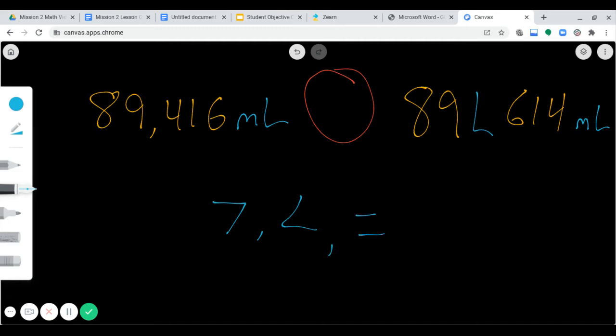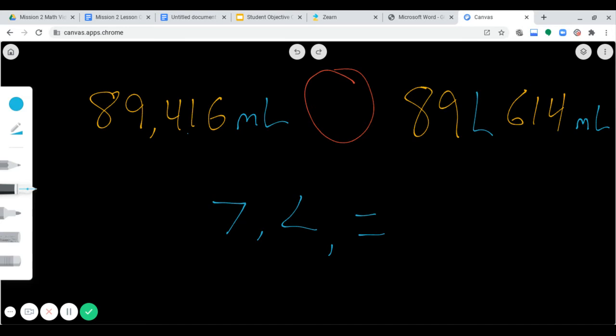Right now they're in different units, because I have liters here and I don't have liters here. I could do this one of 2 ways. I could convert that side to milliliters, or I could take this side and take the liters out of it. That's what I'm going to do here.